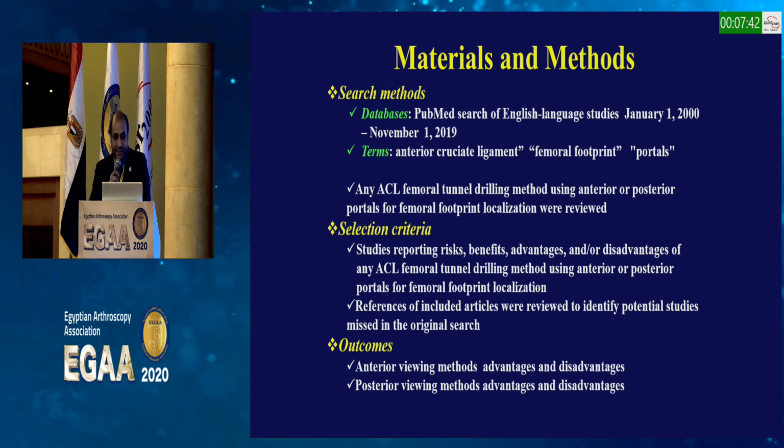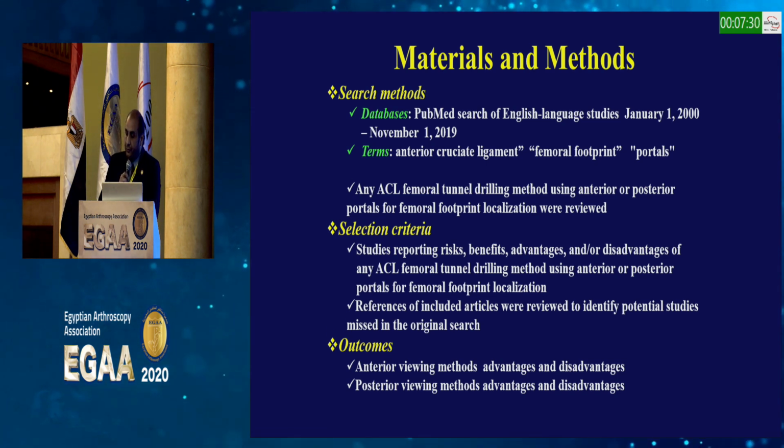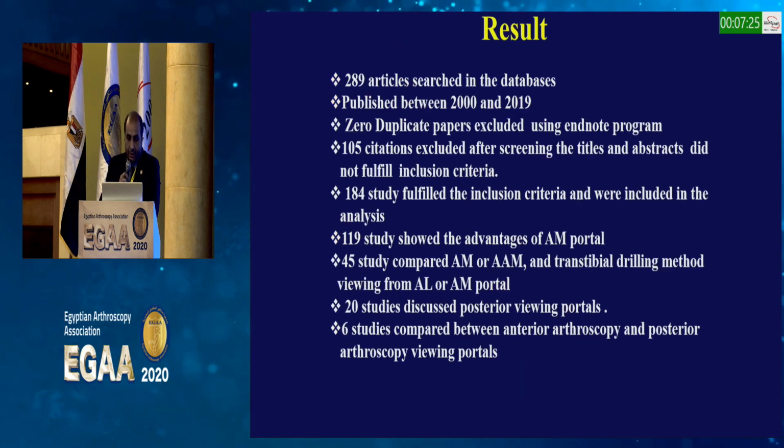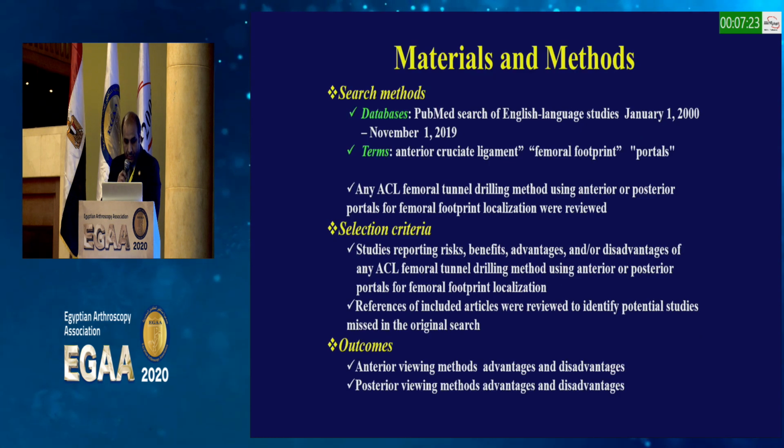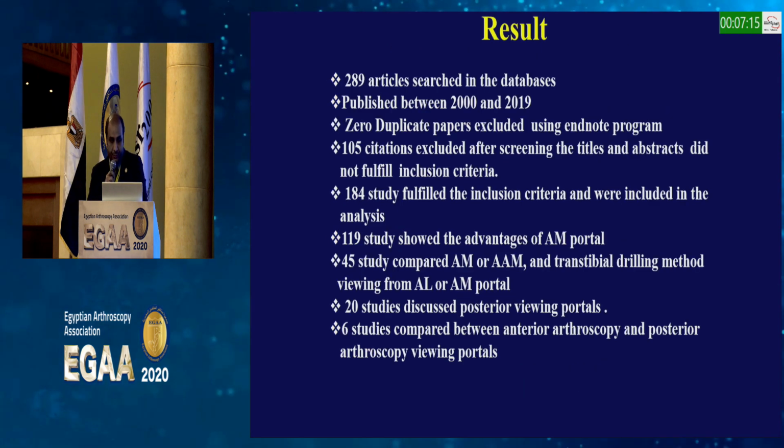Our selection criteria were studies reporting risks, benefits, advantages or disadvantages of any ACL femoral tunnel drilling method using an anterior or posterior portal for femoral footprint localization. The references of included articles were also reviewed to identify potential studies missed in the original search. Our outcomes were the advantages and disadvantages of the anterior and posterior viewing methods.